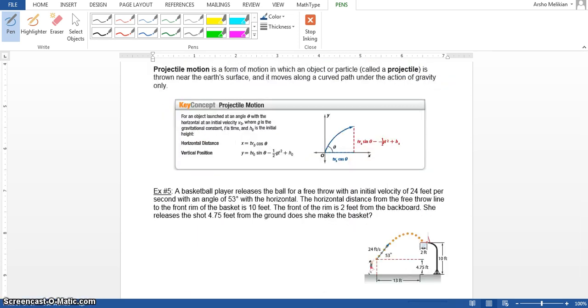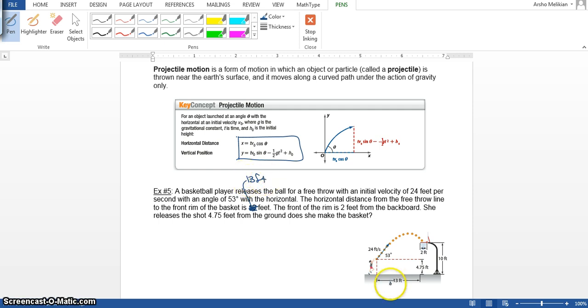All right, for projectile motion, we're going to use these formulas for x and y. I just have to mention that this value is actually 13 feet; it's supposed to be consistent with this.